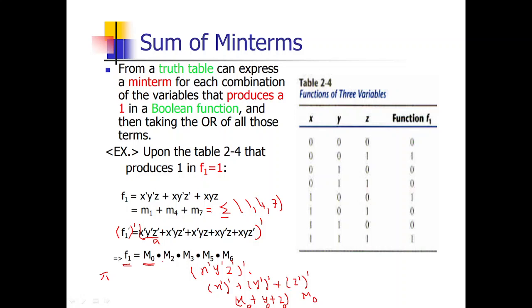Here we have an AND operator, which is the product. The max terms are multiplied here, so the product of max terms is considered, and we represent it with the symbol pi. Pi of 0, 2, 3, 5, 6. So this is about the sum of min terms and product of max terms.